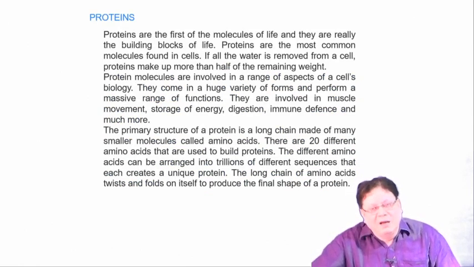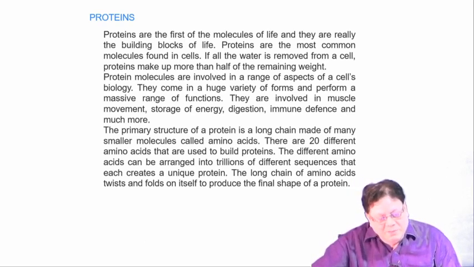Now, proteins again, building blocks, we know that amino acids combine. When they combine, they expel a molecule of water and form a bond which is known as the amide bond, in this case called a peptide bond, because what you are making is a peptide.